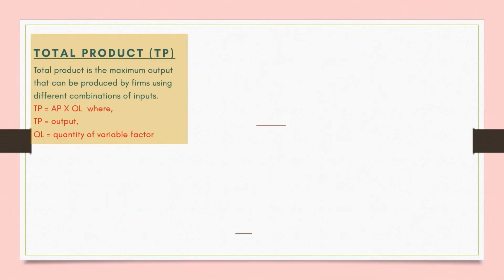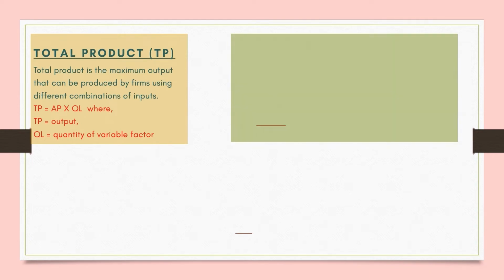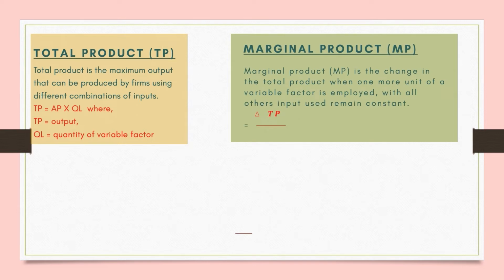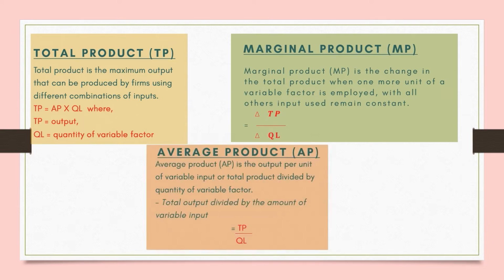Okay, so now we look at the concepts of total product, average product, and marginal product. From here we can see the total product is TP. A total product is the maximum output that can be produced by firms using different combinations of inputs.